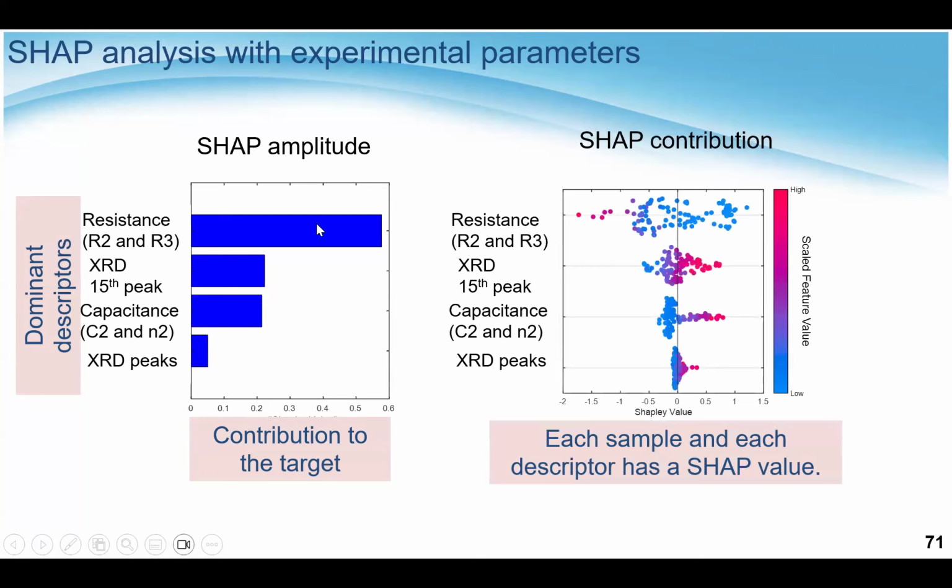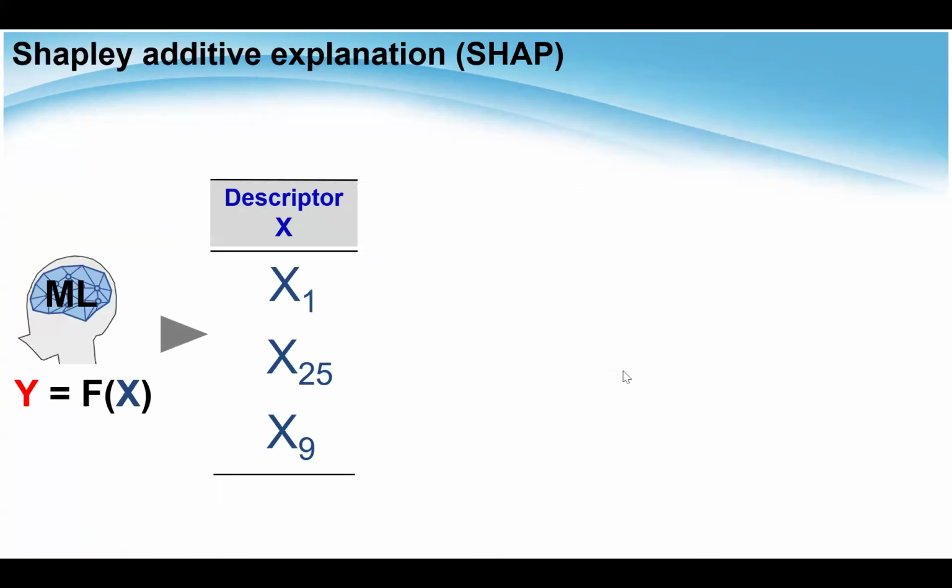This graph is actually coming from this kind of scatter plot. And this indicates that each sample and each descriptor has a SHAP value. And this bar graph is simply the averaged amplitude of each of the sample data.